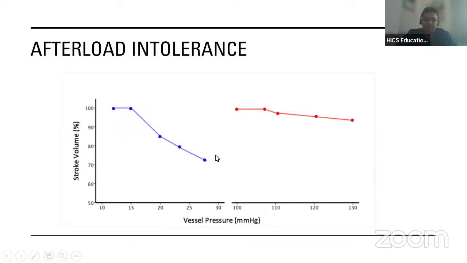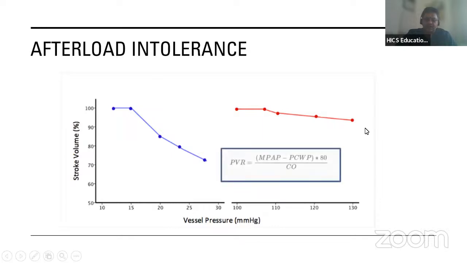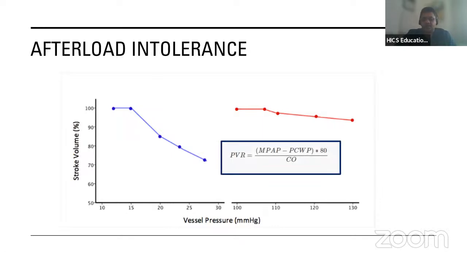At a higher pressure, the stroke volume of the right ventricle actually falls. So you can understand the importance of an afterload increase in the right ventricle based on this graph. The pulmonary vascular resistance is therefore the mean pulmonary arterial pressure minus the wedge pressure, times 80, divided by the cardiac output.